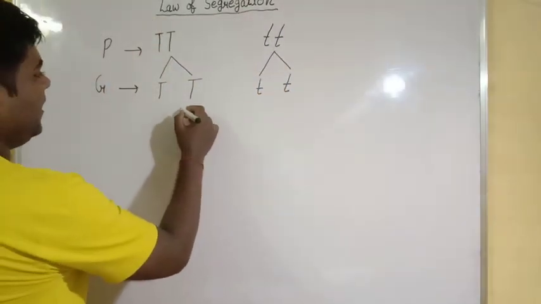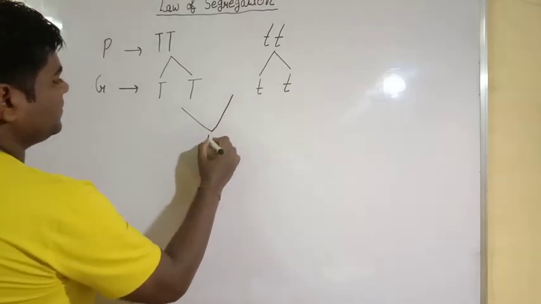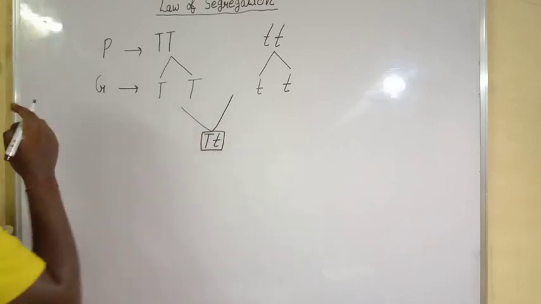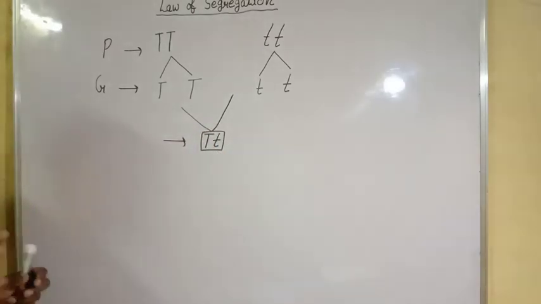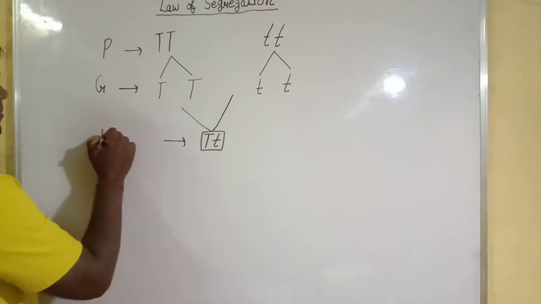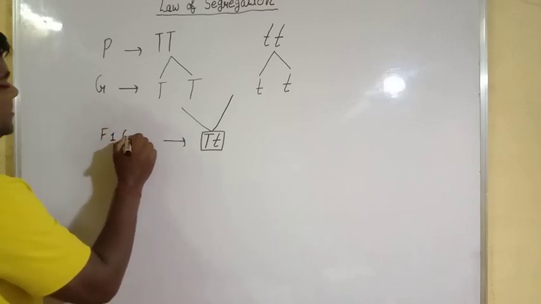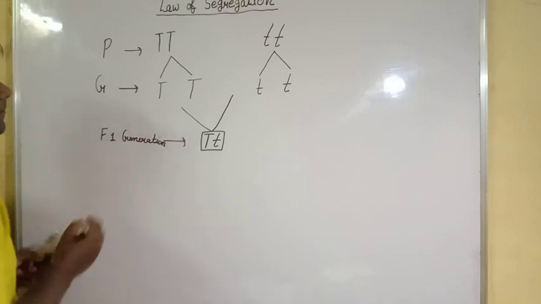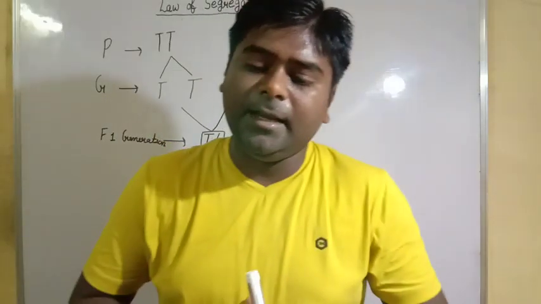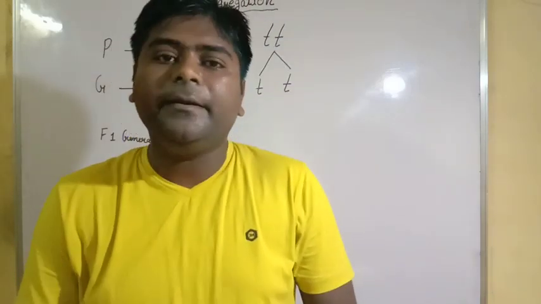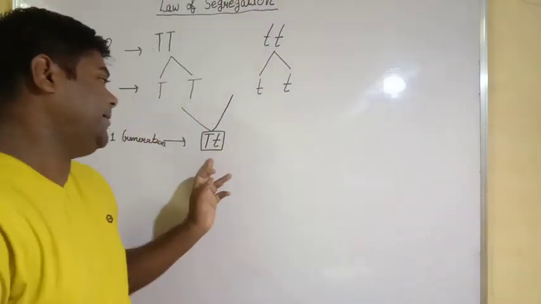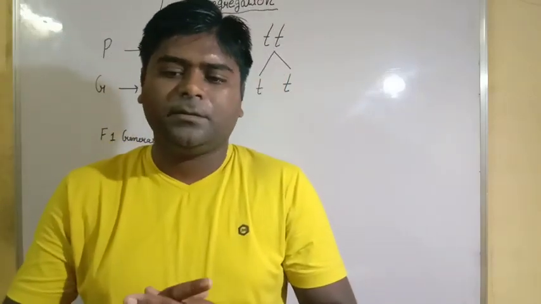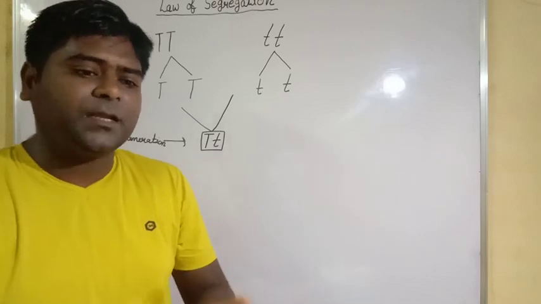Whenever we have the random fusion, we have 4 heterozygous plants. We are showing one here to make it simple. So this one is the F1 generation. We discussed that in the F1 generation Mendel got hybrids, but there is no change in phenotype despite a change in genotype.